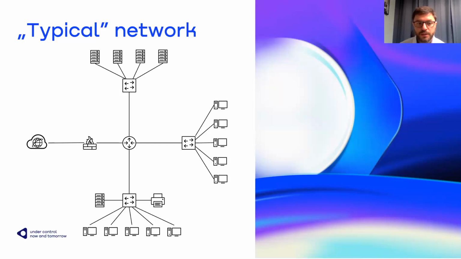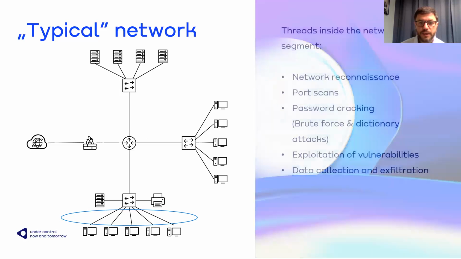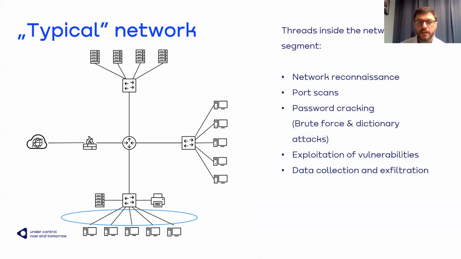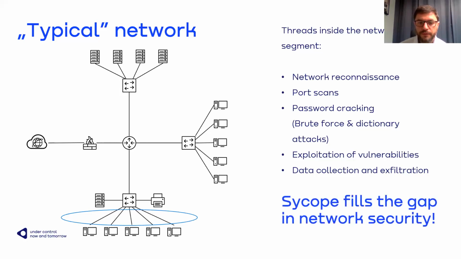So we've got workstations, servers, printer device, or other devices. Using the NetFlow data, we can analyze the communication in a single network segment. So we can detect suspicious communication like network reconnaissance, port scanning, password cracking, exploitation of vulnerabilities, and data collection and data leakage from the network. So we can fill the gap in the network security using our solution.